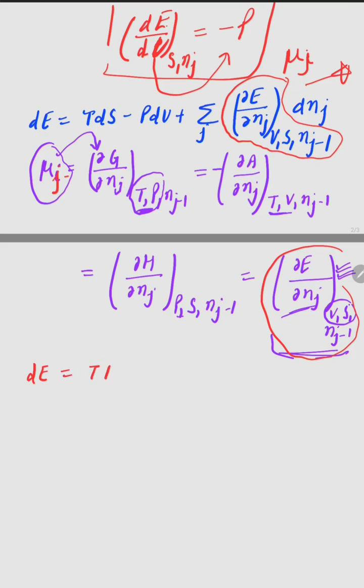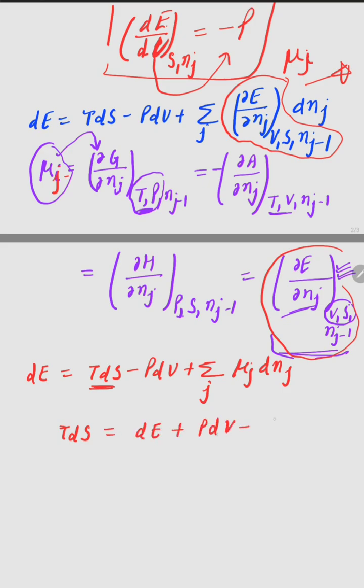First term same, second term same, and the last term will become mu j into dNj. So find out TdS from this equation. TdS is kept on one side, and everything else is taken on the right side.